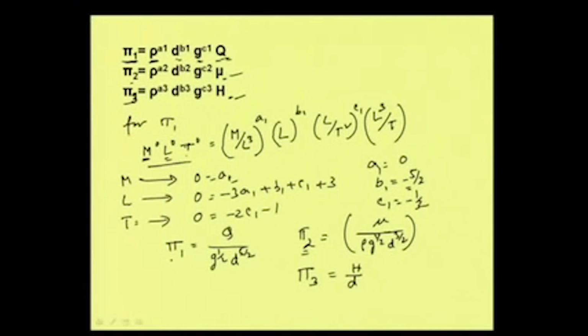If we check the dimension of this one, we will find that it is a dimensionless term, because we started with the principle that these are dimensionless terms. So what can our expression be? Putting this value in, we can write that f2 of pi 1, pi 2, pi 3, this is a function, is equal to c1.